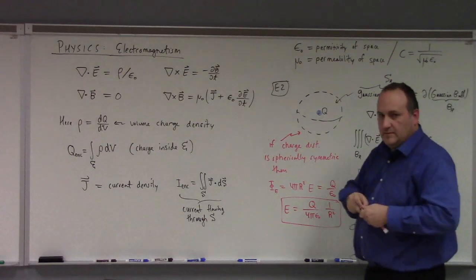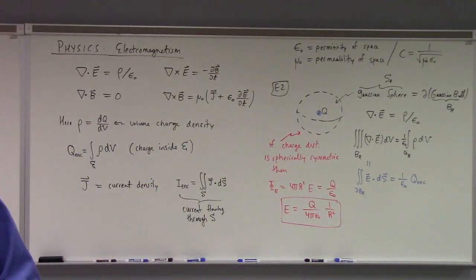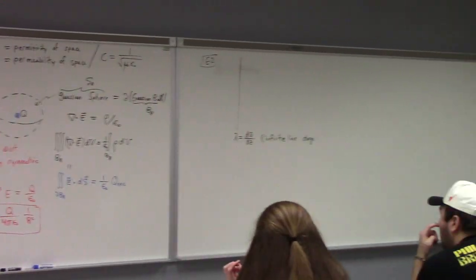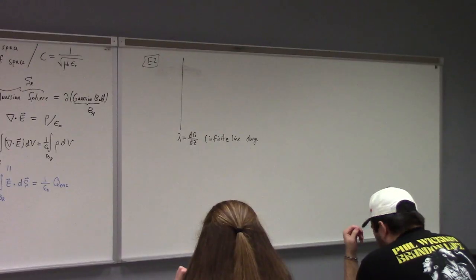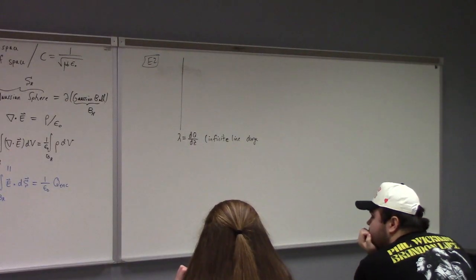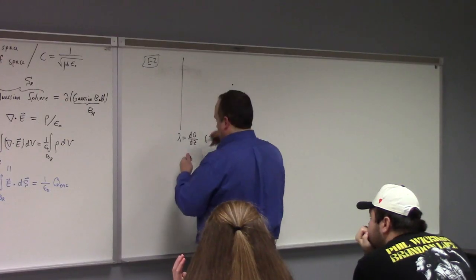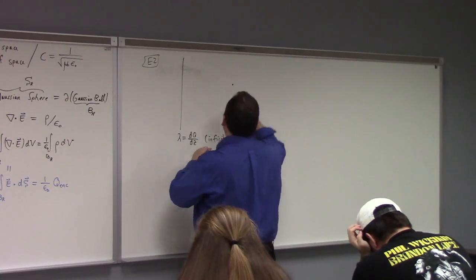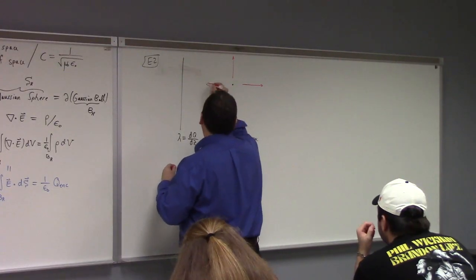The way the electric field works is it always points away from positive charge, right? As we envision the electric field around this infinite line charge, it's easier for me to picture it if I look at it dead on like this, all right? So the electric field goes like this.